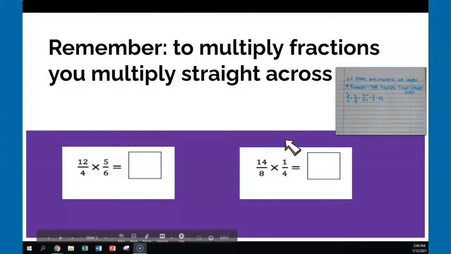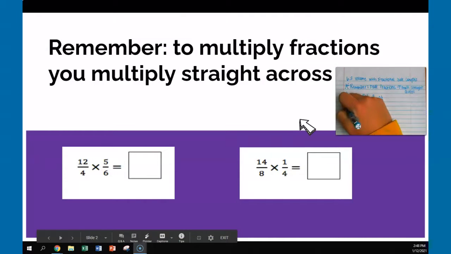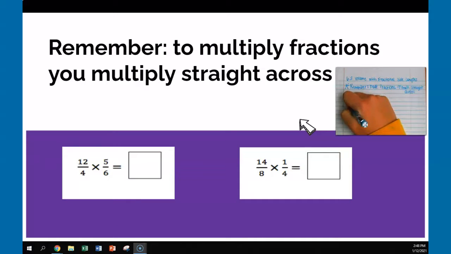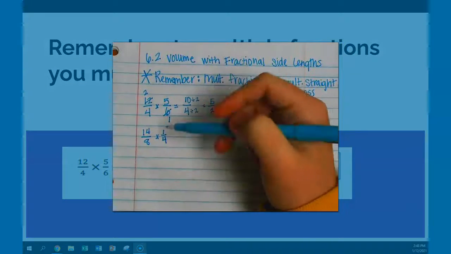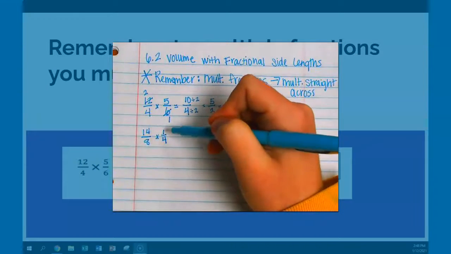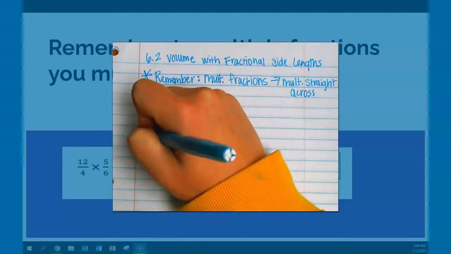Our second example, we have 14/8 times 1/4. I'll blow my notes up again. Looking at 8 and 1, we can't shrink 1 down, so there won't be any common factors, but 14 and 4 are both even numbers.